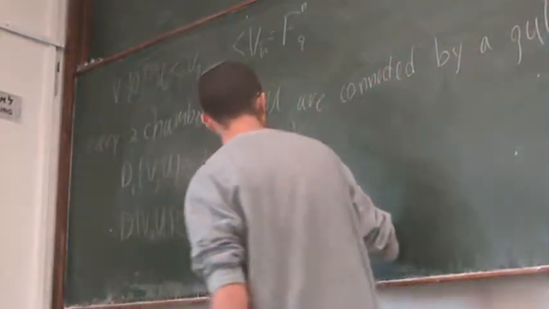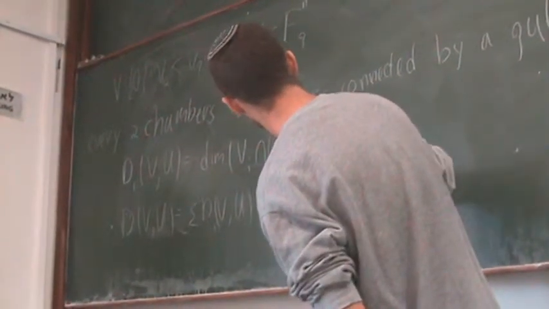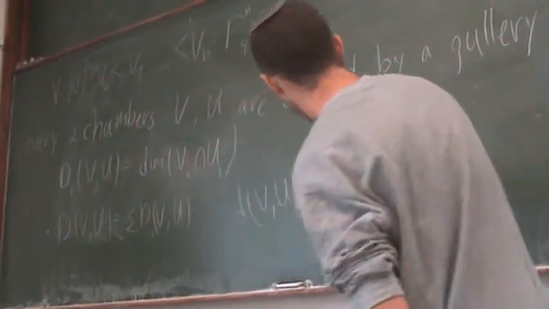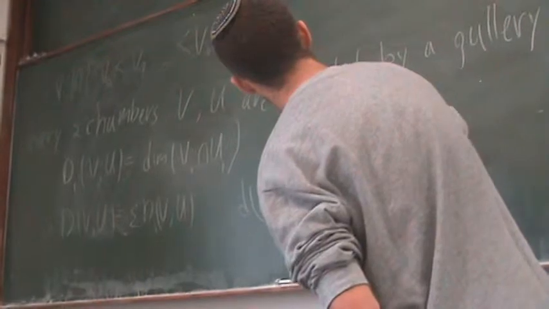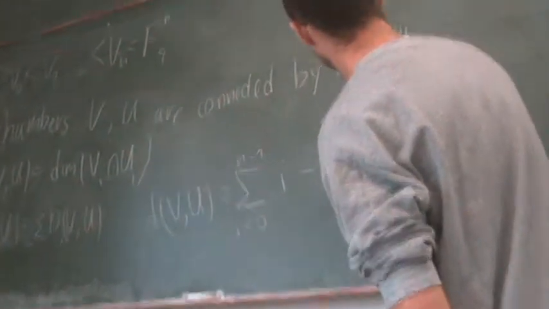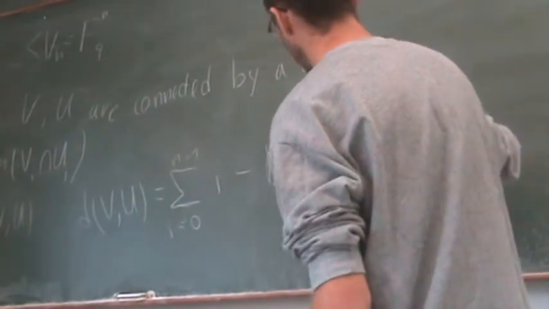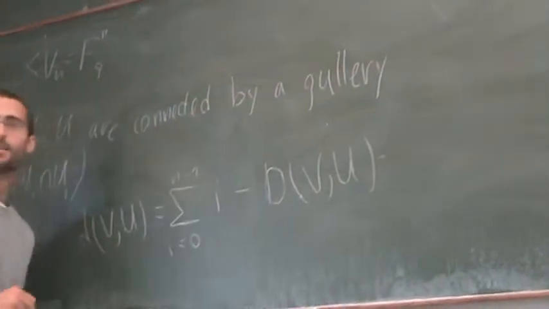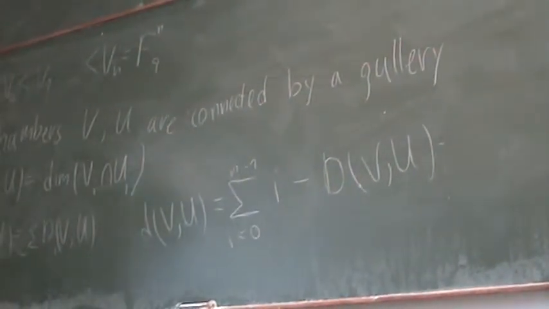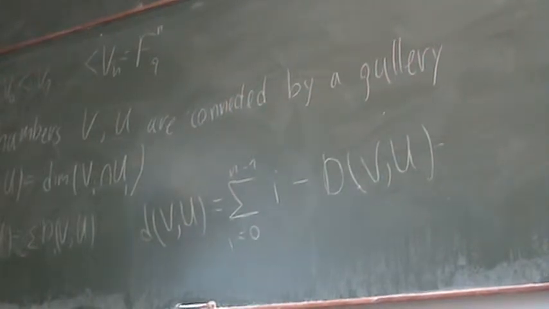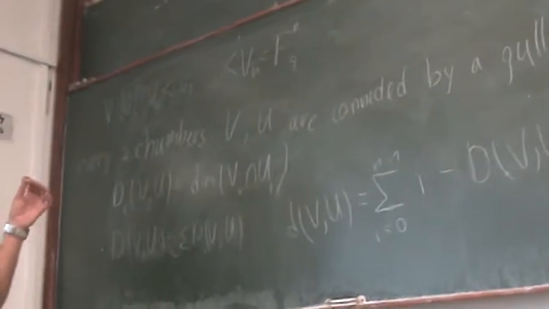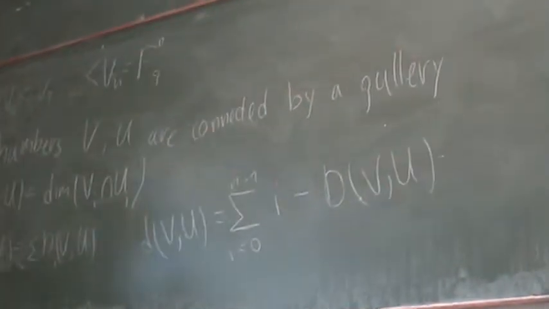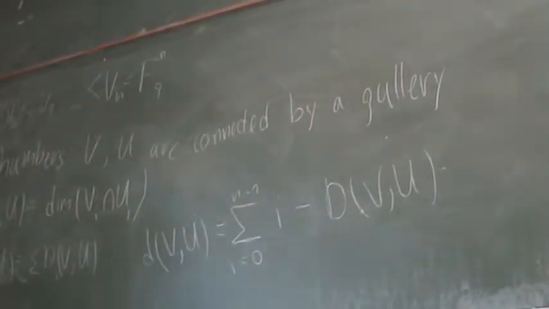And we also define the metric to be this. Okay. And now, basically, now that we have this sort of a discrete metric, all we need to show is that we can do one step. We can take two different chambers and make the distance a little bit shorter. Okay?